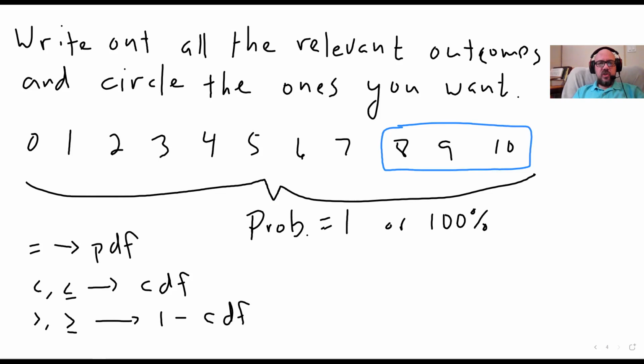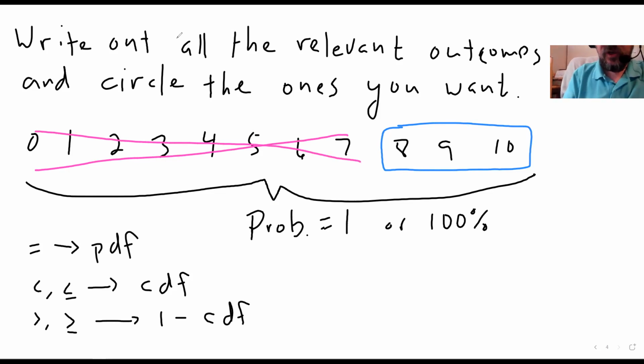I want to exclude 0 through 7. So I'm going to do 1 minus CDF of 7, right? 1 for being all of the probabilities, and then minus the CDF of 7 being taking away 0 through 7 so that I can leave myself with just the ones that I wanted, 8, 9, and 10.